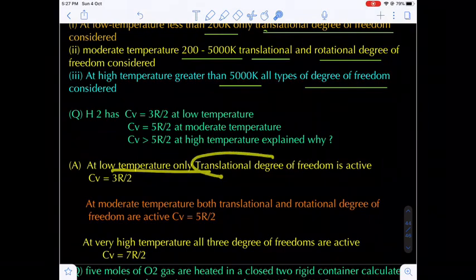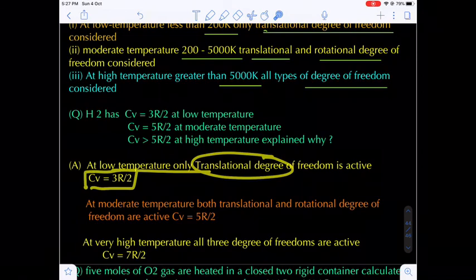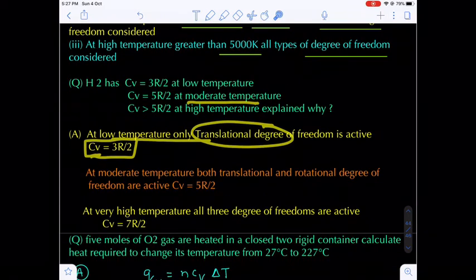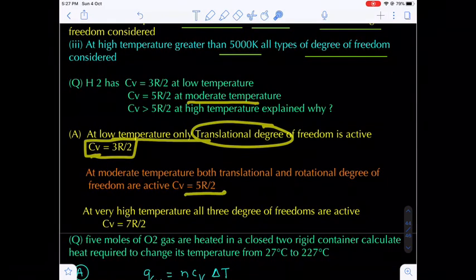At low temperature, we have to consider only translational degree of freedom, according to which only 3 degrees of freedom will be present. So 3R by 2. But in the moderate temperature, we have to consider the rotational degree of freedom along with translational degree of freedom. So you will have the CV value 5R by 2.